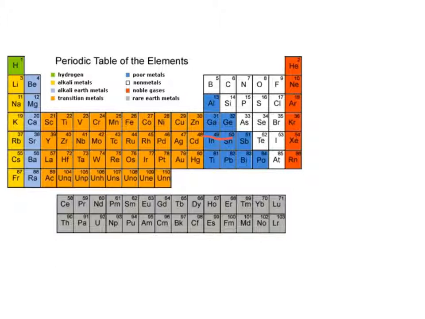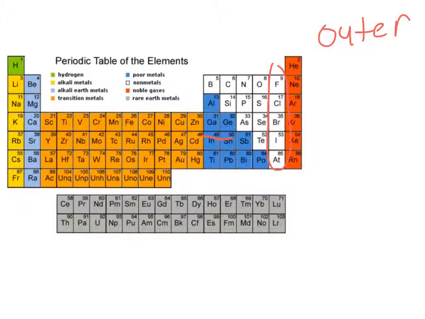Finally, to end with letter B, all elements in group 17, that's right here, have 7 electrons in their outer energy level. A common property of these elements is that they combine with elements from group 1 which have 1 electron in their outer energy level.